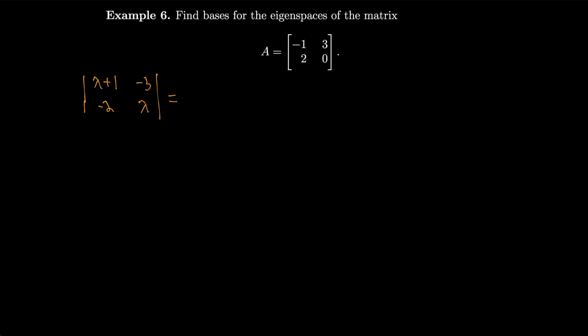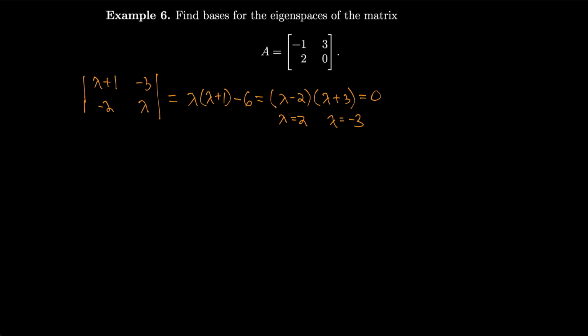So that's lambda times lambda plus 1 minus 6, because minus these guys multiplied. And we'll distribute lambda and then factor, and we will get lambda minus 2 times lambda plus 3. We want to set that equal to 0, which gives us eigenvalues of lambda equals 2 and lambda equals minus 3.